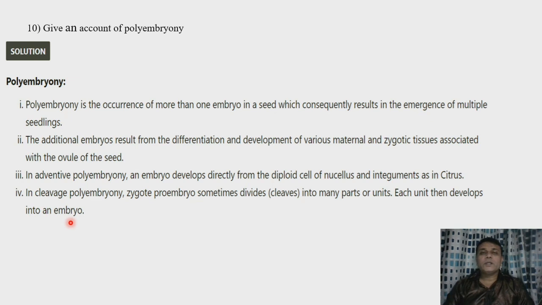That means the zygote proembryo sometimes divides and forms different units or parts, and each part later on develops into an embryo. This type of polyembryony is called cleavage polyembryony. So here you will have to write any 4 points regarding polyembryony.